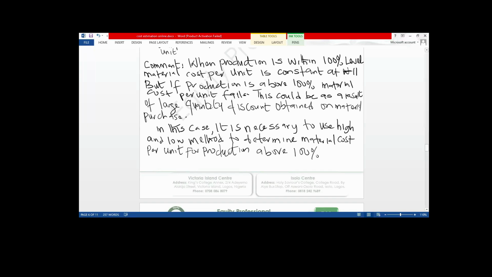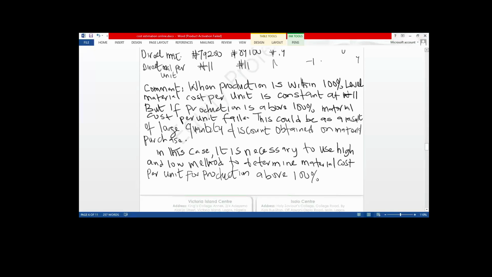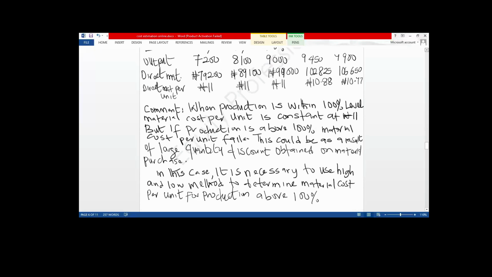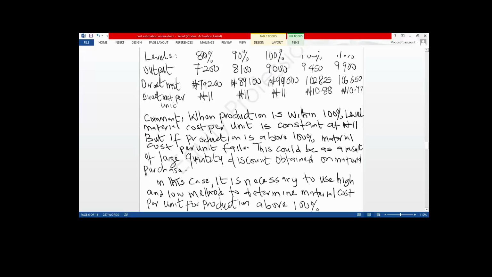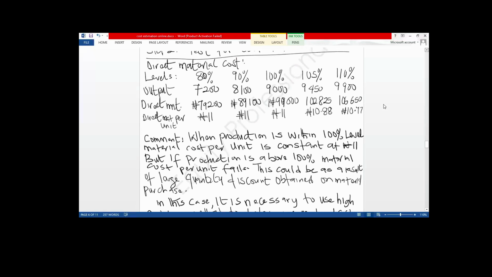To calculate this, please note, if you are now doing high and low method, we mentioned in our comment that we are only going to pay attention to production above 100%.